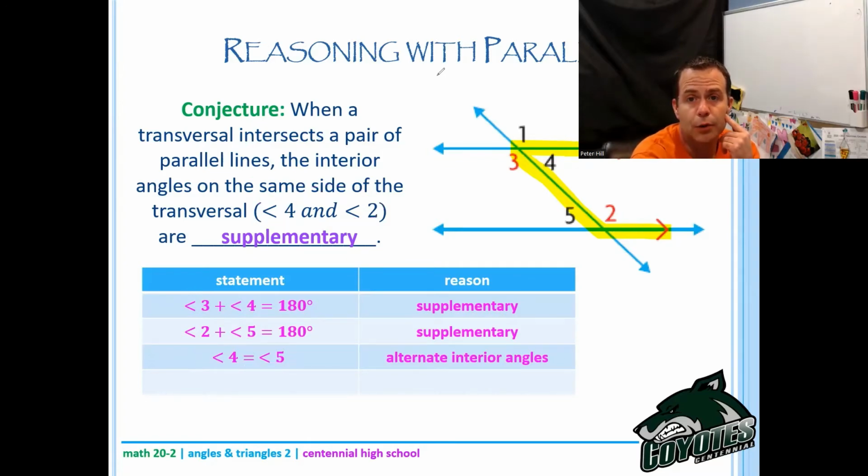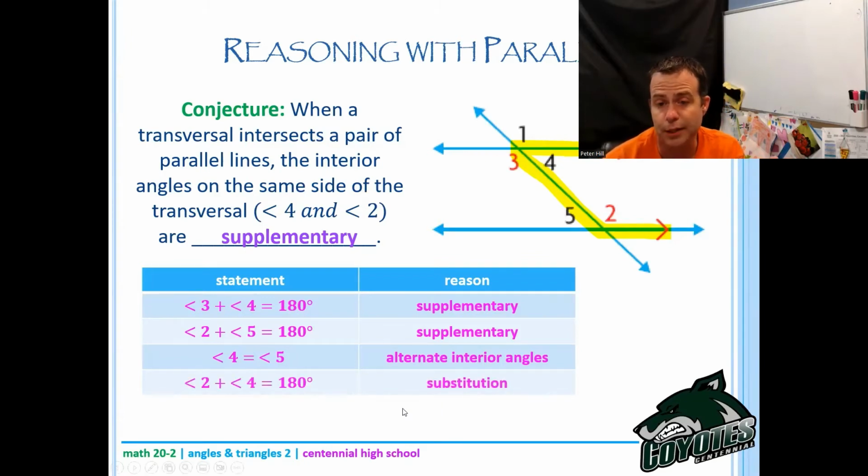Okay, so my next statement would be, angle 2 plus angle 4 equals 180. And the reason is substitution. We just substituted that angle 5 with angle 4 based on the last statement that we just made. Okay, so now we've proven that interior angles on the same side of the transversal, anytime you see a C or a backwards C, those angles should add up to 180.